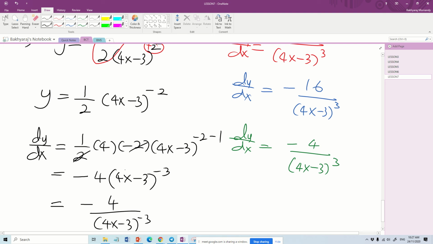Okay, so ini jawapan dia. Hang on. Okay, so yang ni jawapan betul lah. Ini yang jawapan betul.